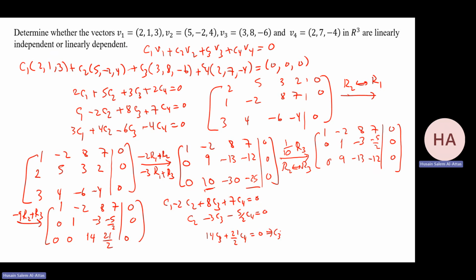So C3 will be minus 21 over 2 times 1 over 14 C4. So this is 2, and this is minus 3. So I have minus 3 over 4 C4.